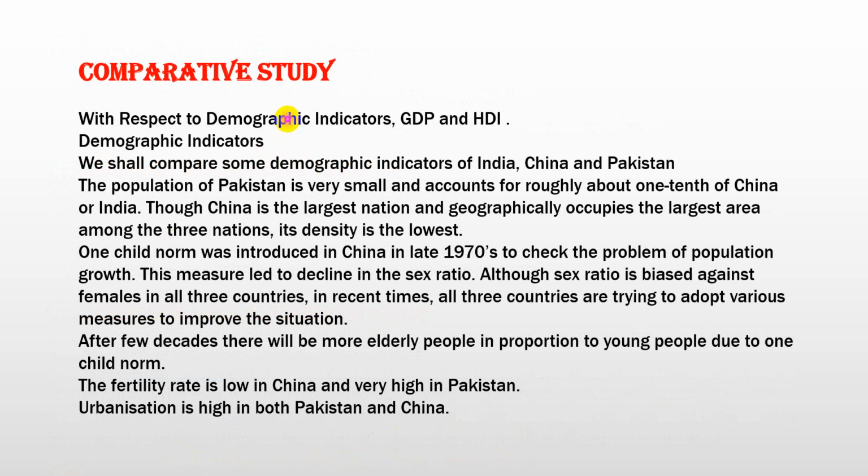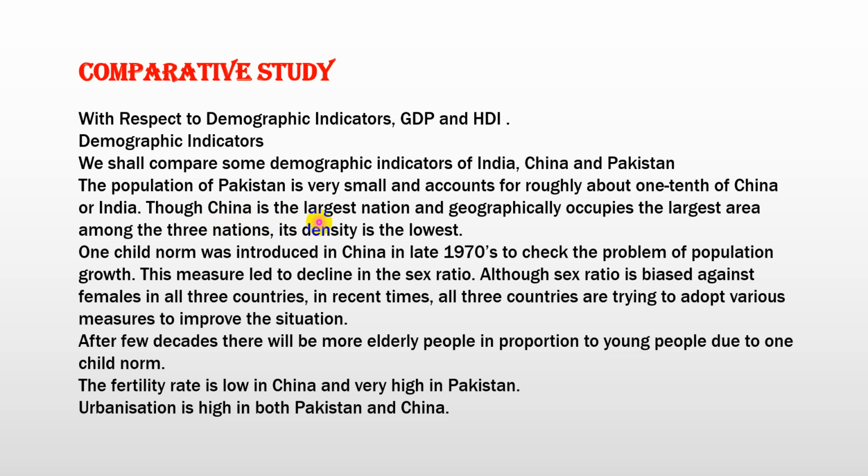Comparative study of China, Pakistan, and India with respect to demographic indicators, GDP and HDI. Demographic indicators: we shall compare some demographic indicators of India, China, and Pakistan. The population of Pakistan is very small and accounts for roughly 1/10 of China or India.